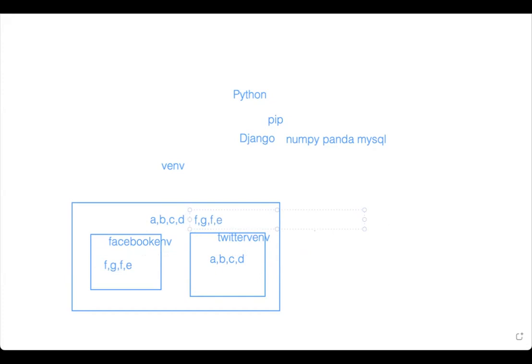So today we also went through the installation process of the virtual environment. We said the virtual environment tool is a package, so we use pip to install it. Today we've also learned some scripting.